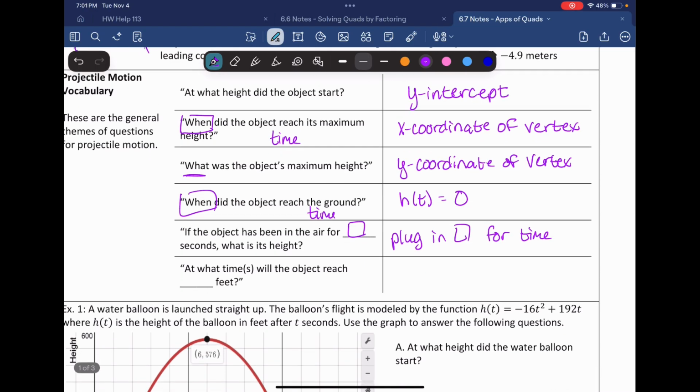At what time did the object reach a blank amount of feet? When that happens, you set it equal to that blank and you solve. I'm going to show you all of this, so make sure you've got Desmos out, and we'll get to it.